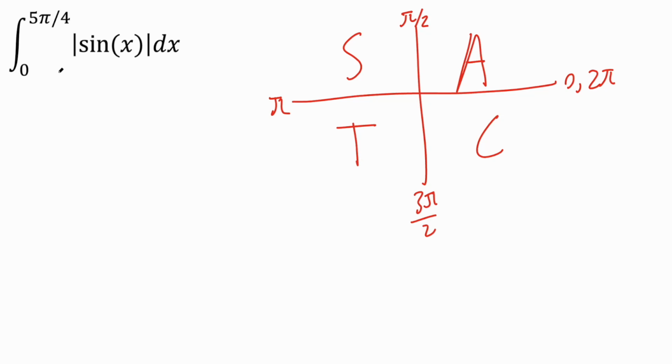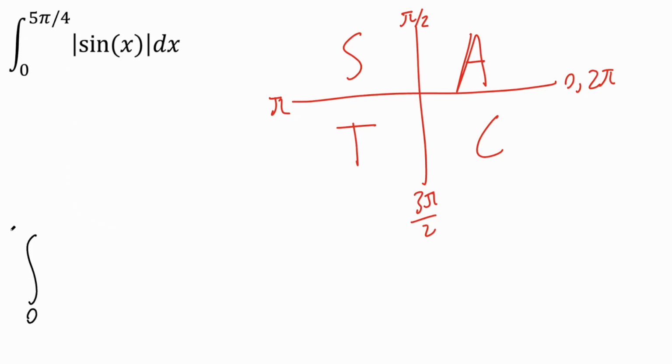With that, our problem is from 0 to 5 pi over 4. So from 0 all the way to pi, sine would be positive. Now, from pi to 5 pi over 4 right here, it's going to be negative. However, in our problem, we have the absolute value. So we have to take that into consideration. So what we need to do is split up our integral into two definite integrals.